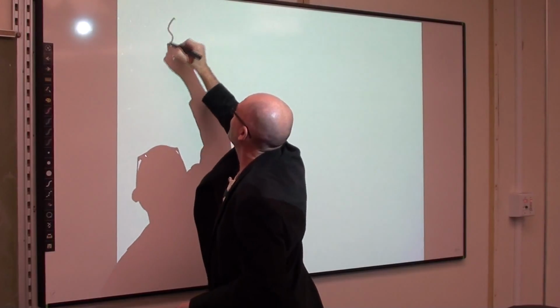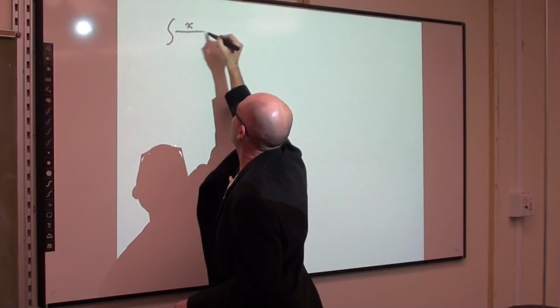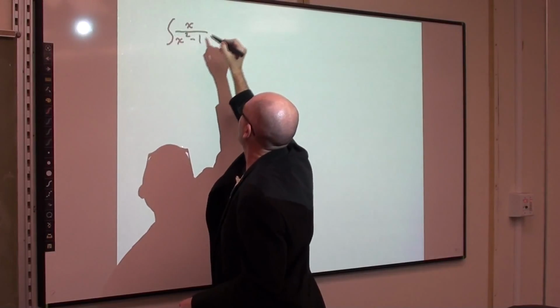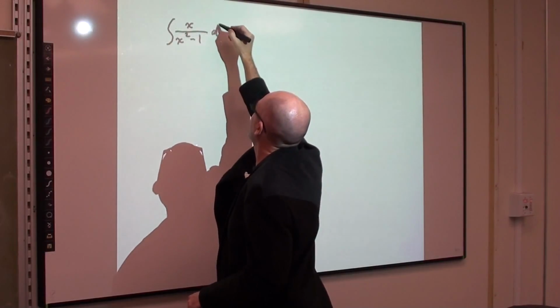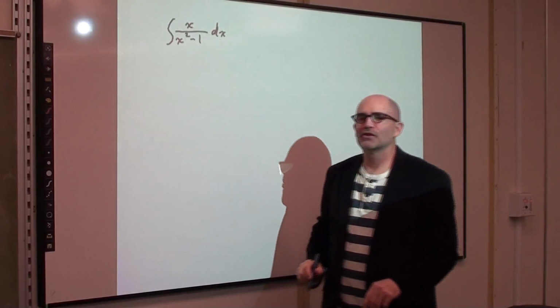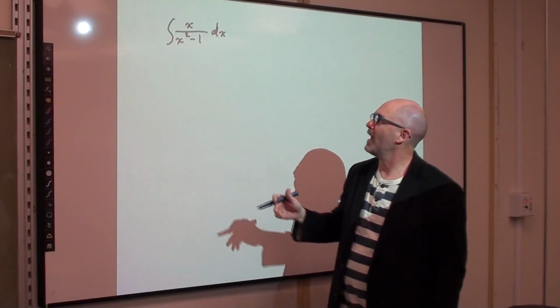How embarrassing. All right, so if you have the integral of x over x squared minus 1 dx, you don't want to do something more complicated than you have to.